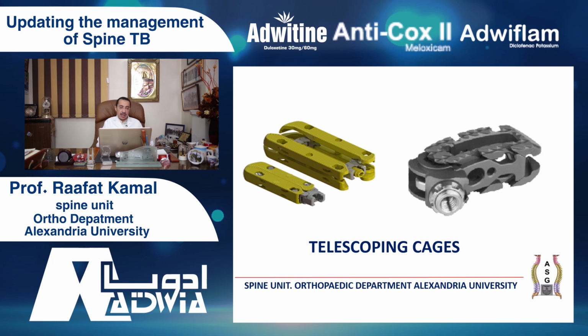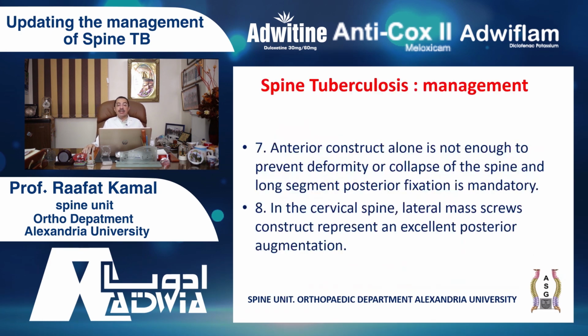Also, an anterior construct alone is not enough to prevent the deformity or collapse of the spine, and long segment posterior fixation is mandatory. This is very important, which we should remember all the time: if we correct the gibbous deformity and put the anterior construct by harness mesh or by telescoping cage with bone graft, this should be augmented and supported with long segment posterior fixation, whether in the cervical, dorsal, or lumbar spine.